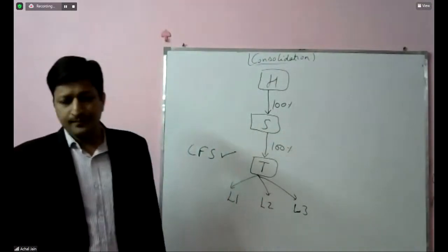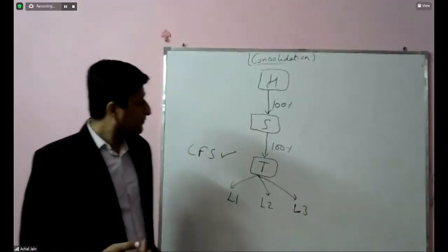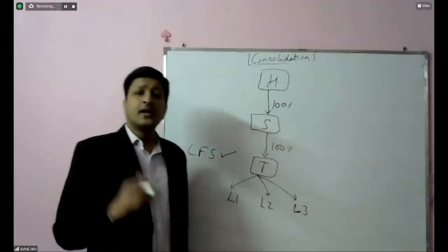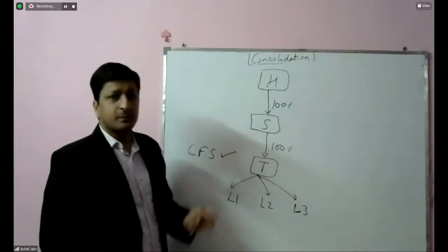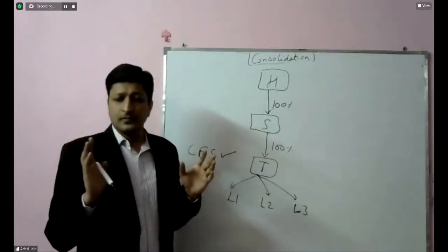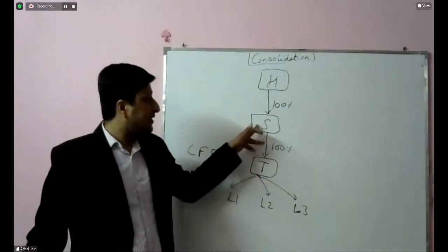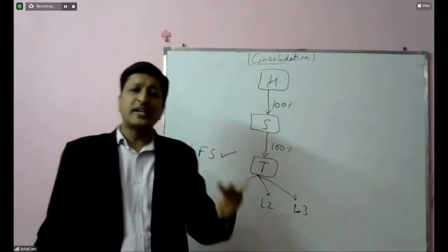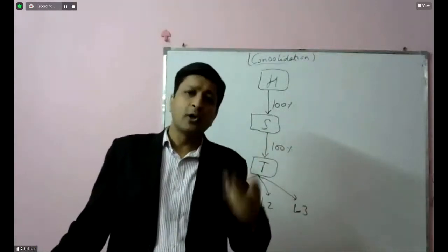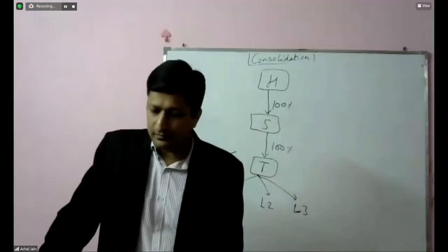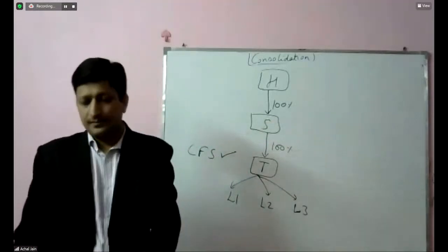Number one, T should be a subsidiary of another company, which is the case. So currently we have T as a subsidiary of S. Now T may be a subsidiary which is wholly owned or partly owned, it doesn't matter. Number one.